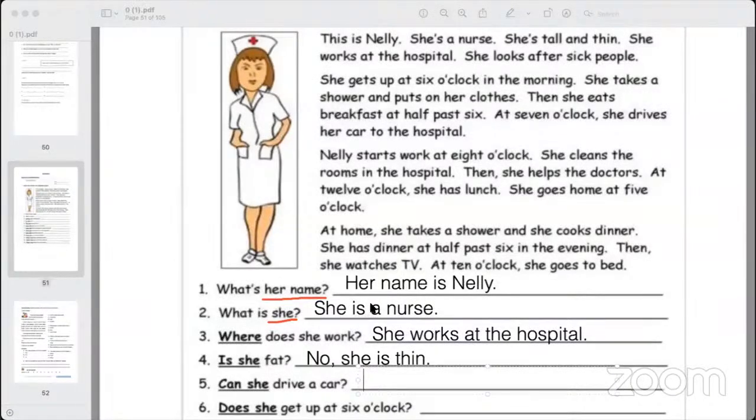Can she drive a car, they're asking whether she drives a car. No. If you look here, it should be mentioned that she drives a car.